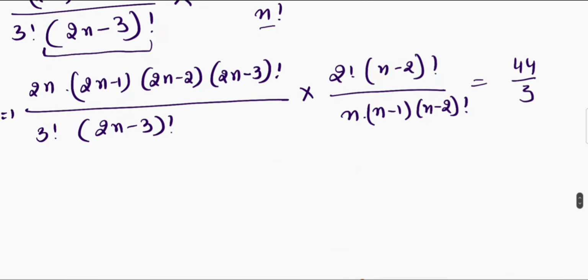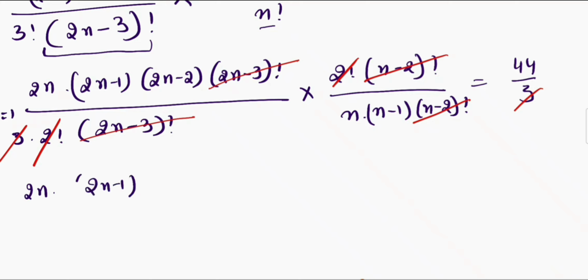Here (2n minus 3) factorial will get cancelled with this, and here also this will get cancelled with this. And this 3 factorial we can also write as 3 times 2 factorial. So this 2 will get cancelled with this, and this 3 will get cancelled with this 3. So we will be left with 2n times (2n minus 1) times (2n minus 2).